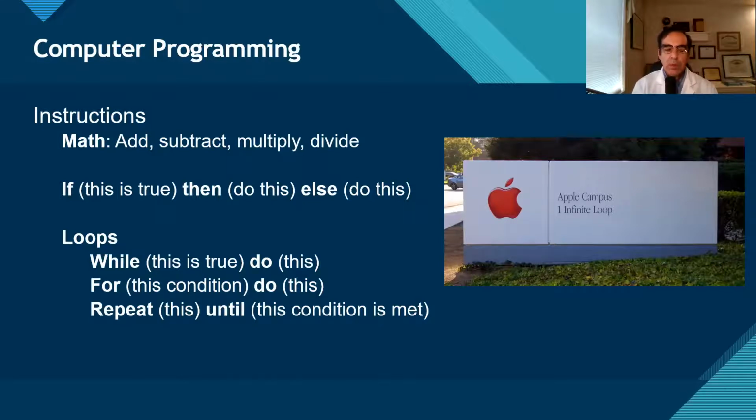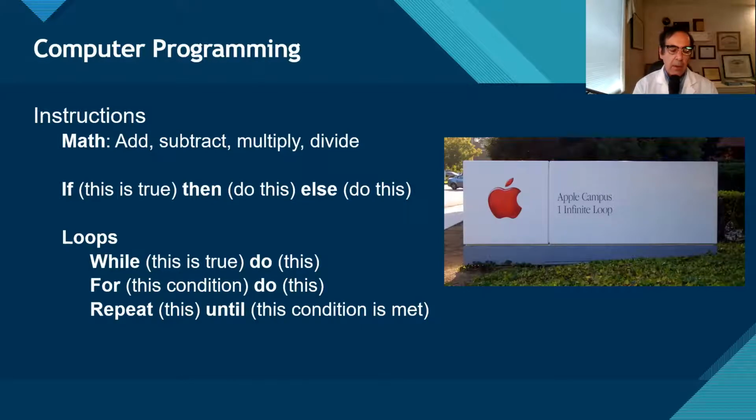When we get into some of the higher level ones like COBOL and Pascal and others I'm going to talk about, you'll see something very common, and that is these conditional statements, such as if a certain condition is true, then do this, otherwise do this other action. And then you have something called loops, which is similar but stated in a little bit different way, and they act a little bit differently. So while this condition is true, do this action.